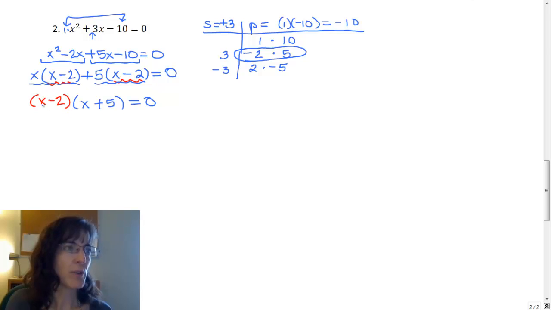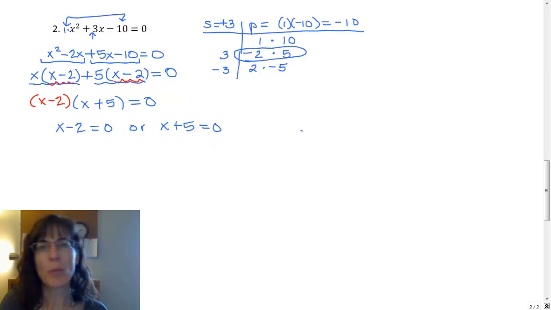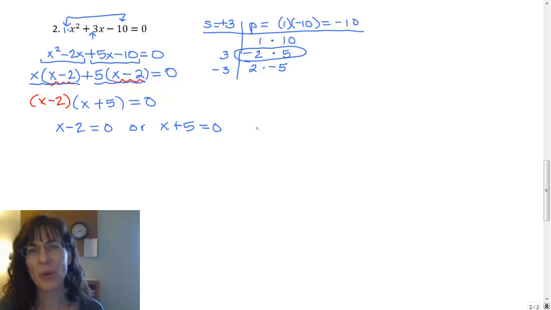So set the first factor equal to 0, x minus 2 equals 0, or x plus 5 equals 0. Remember, the only way to get a product of 0, 2 things to multiply and end up with 0, is if one of them or the other or both are 0.